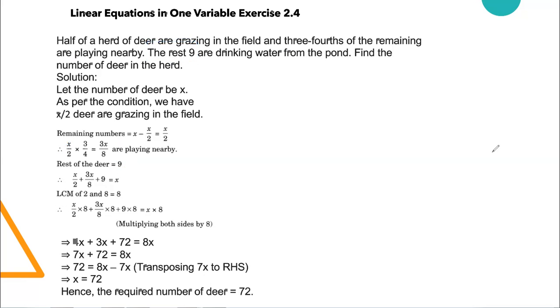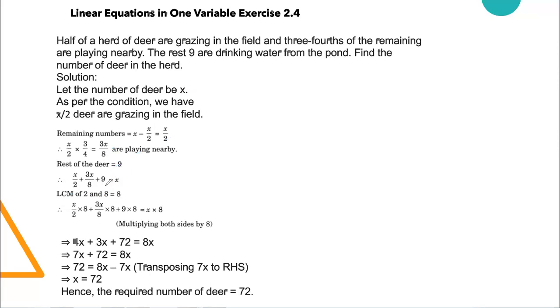We very well know that if we add all the deer, we get the total amount of deer which is X, right? So when we add up X by 2, 3x by 8 and 9, we get the total amount which is X. Hope you got this.